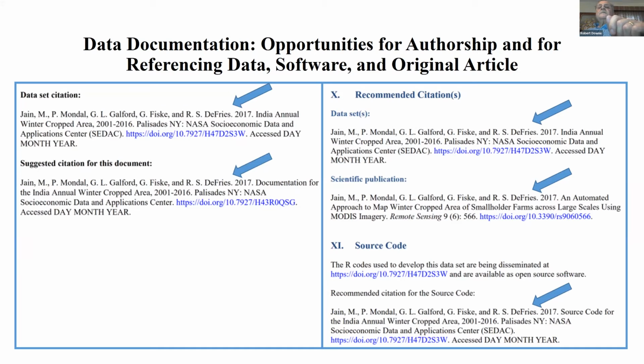And in both cases, in this instance, we're seeing all the same authors listed. That is, they not only created the data, but they all worked together on the documentation for the data.